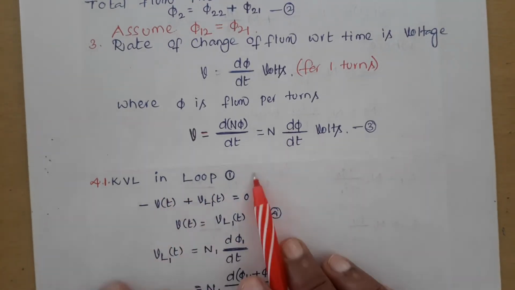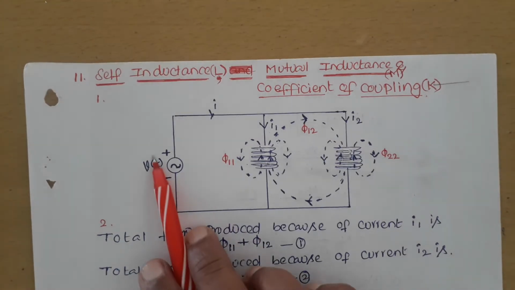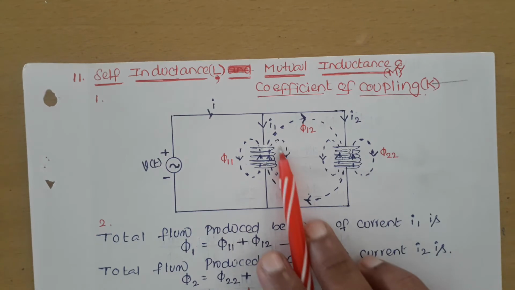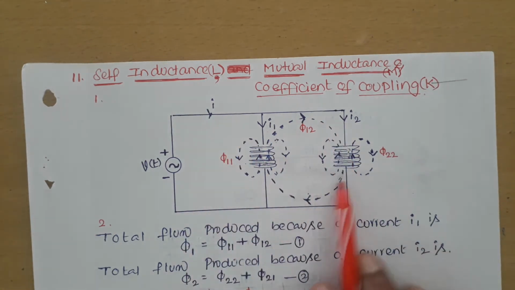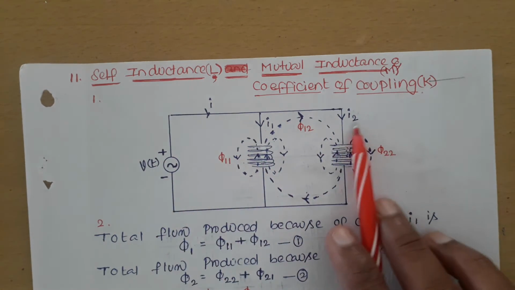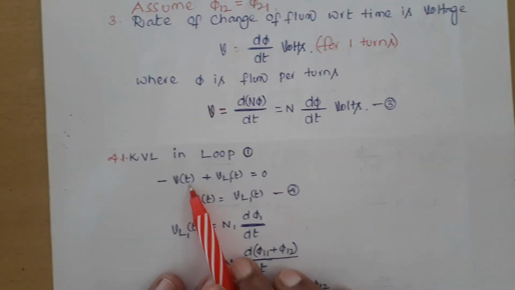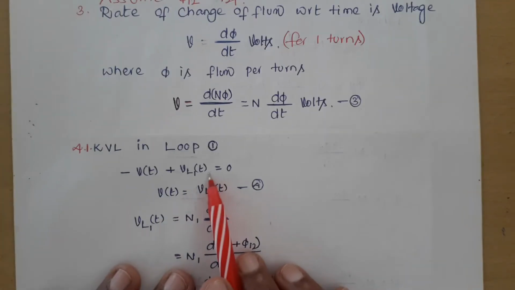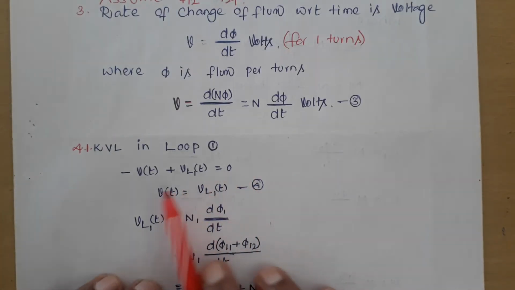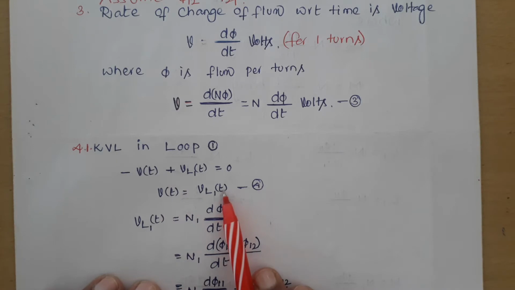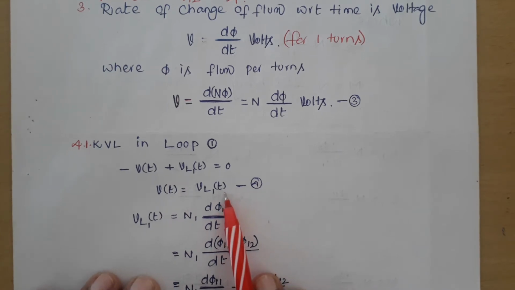Now KVL in loop 1: minus V of t plus VL1 of t equals 0. KVL in loop 2: minus V of t plus VL2 of t equals 0. So the source voltage V of t equals the voltage across coil 1.